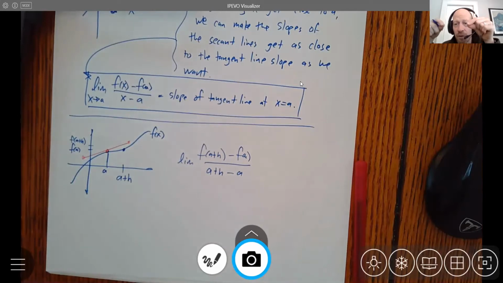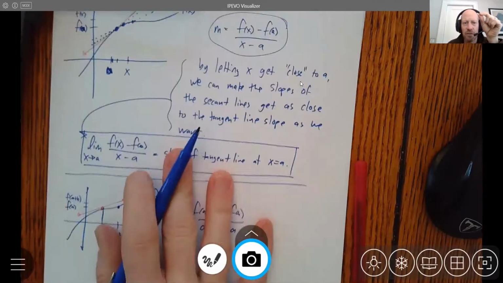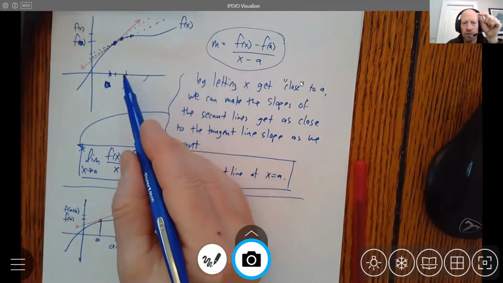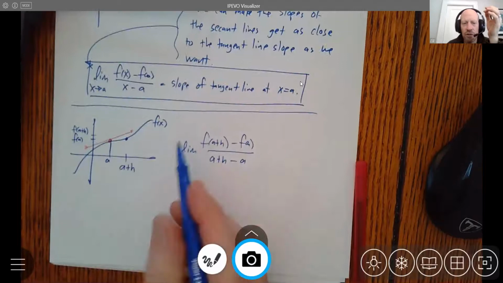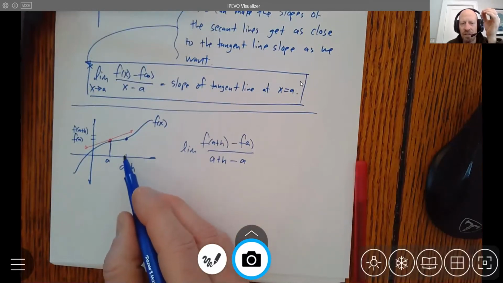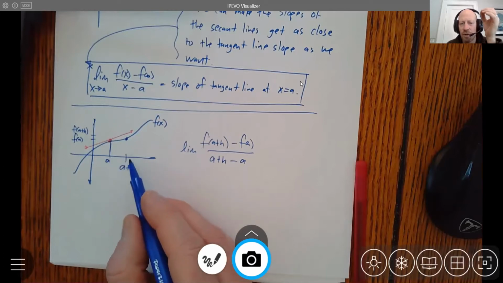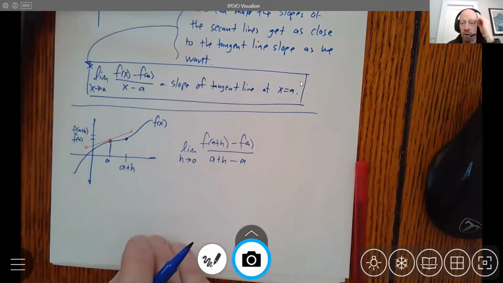And what I want is I want those 2 points to go together. So before, up here, I had to let the x values get closer and closer to a, right? That was the idea. Down here, in order for these 2 points to get together, h is really like the distance between those 2 points. So here, in order to get those points together, I'm going to let h go to 0.